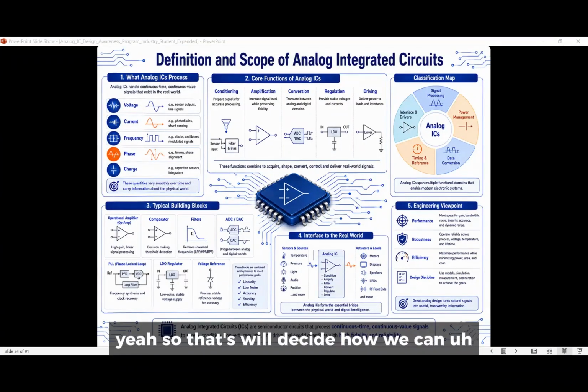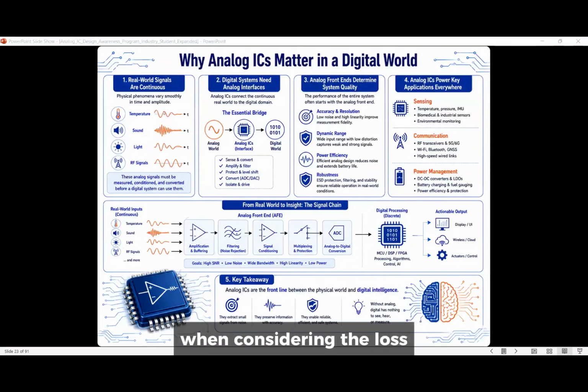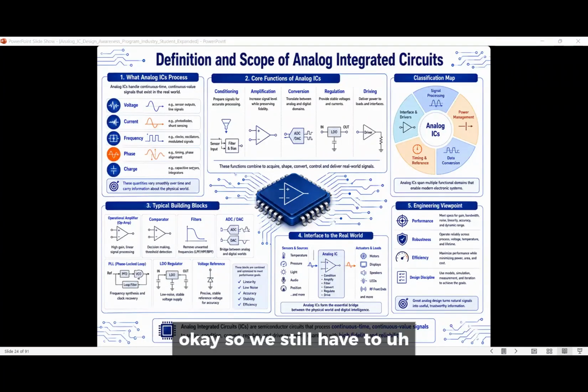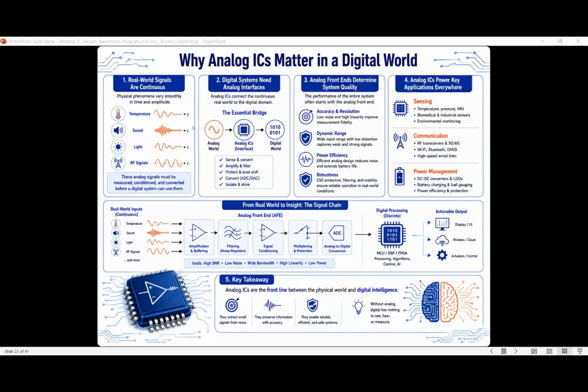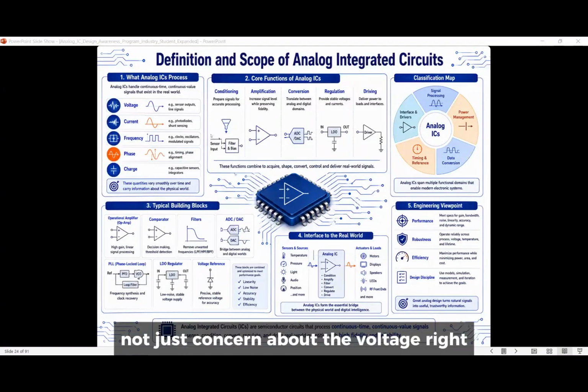So that will decide the gain of the amplifier, when considering the loss of such conversion from current to voltage. Okay. So we still have to be concerned about the current for the signal chain here, not just the voltage, right?